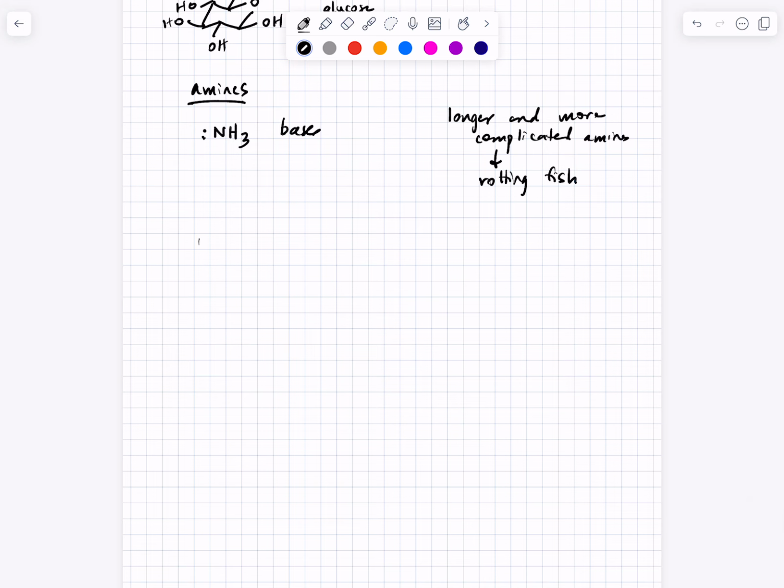So if you have lemon juice, which has citric acid, which we are going to abbreviate as HA, and then you have your stinky fish amine, and you squeeze your lemon all over your fish. Let's suppose your stinky fish amine looks like this. Here is your acid, here is your base.